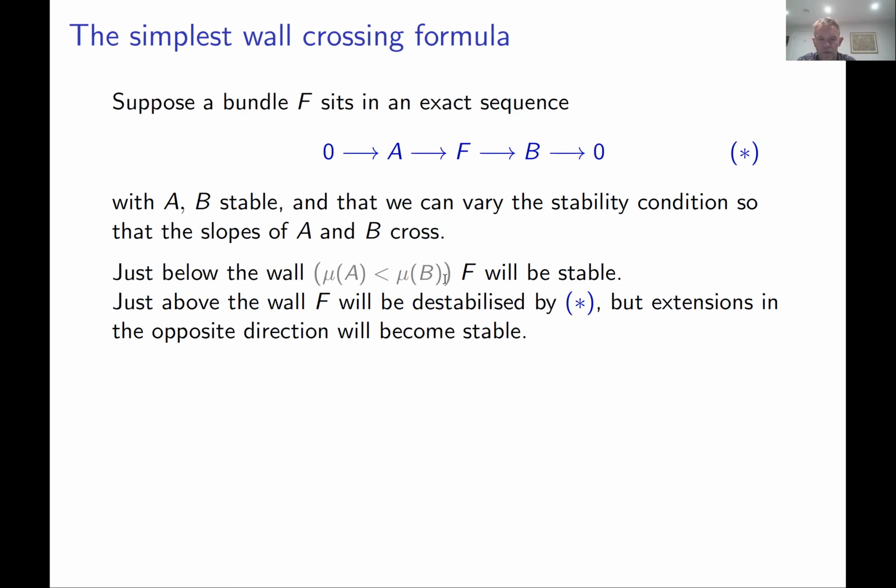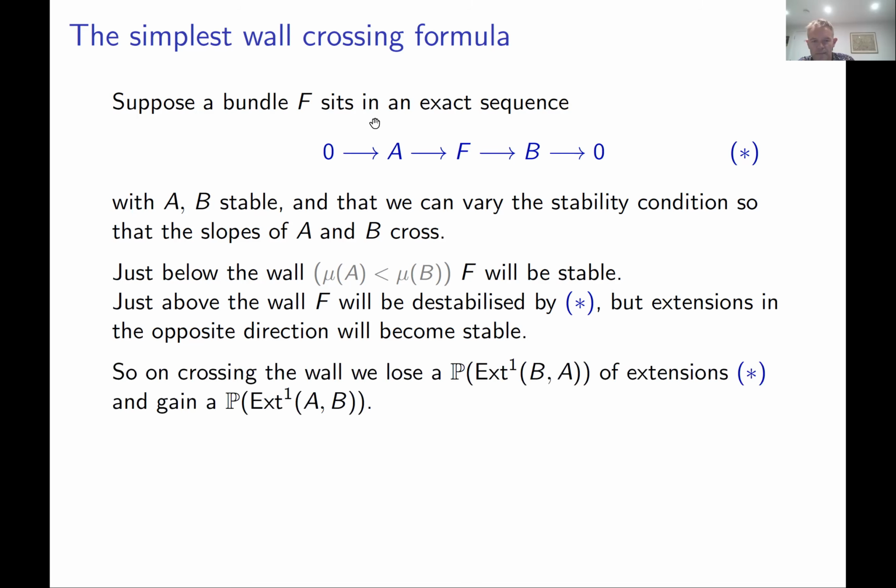And then just above the wall, where the slope of A is bigger than the slope of B, F will be destabilized by this exact sequence. So suddenly you throw F out of the moduli space, but extensions in the opposite direction become stable. So you include them in the moduli space. You change the moduli space by throwing out F and putting in some extensions in the opposite direction.